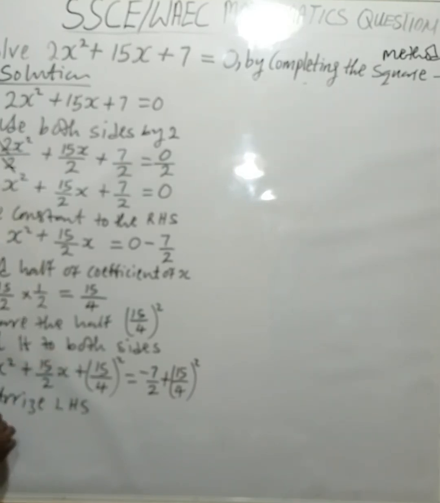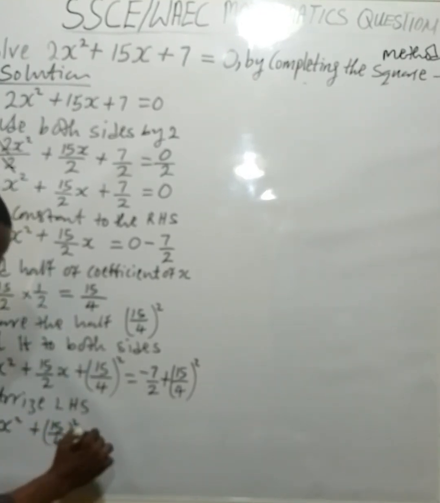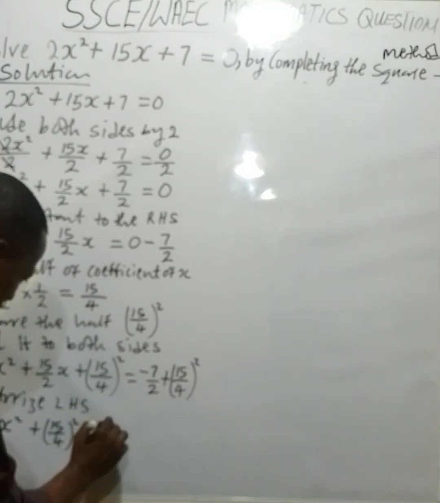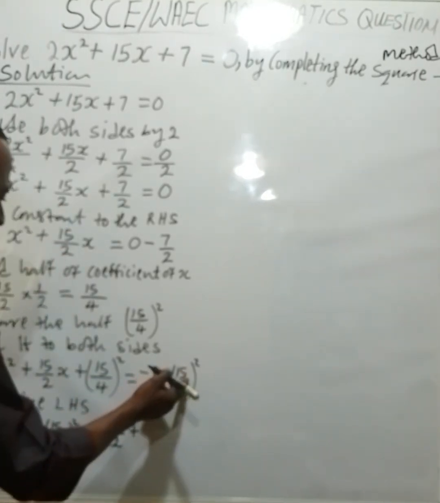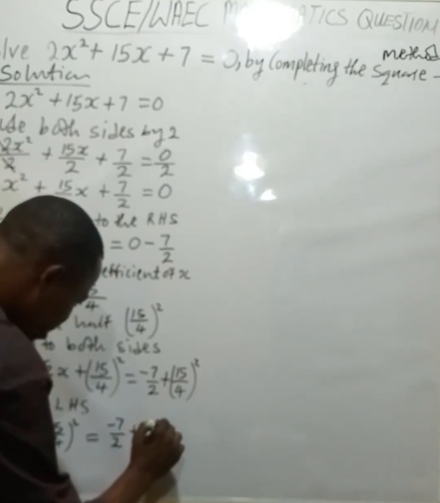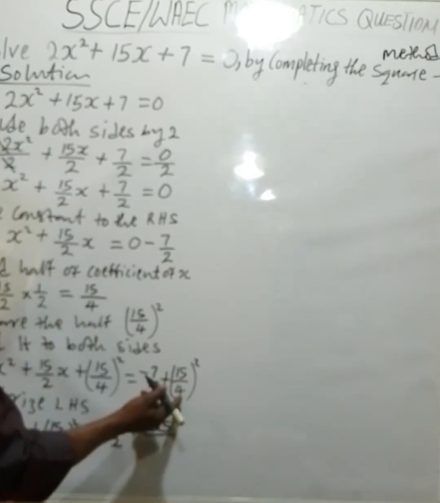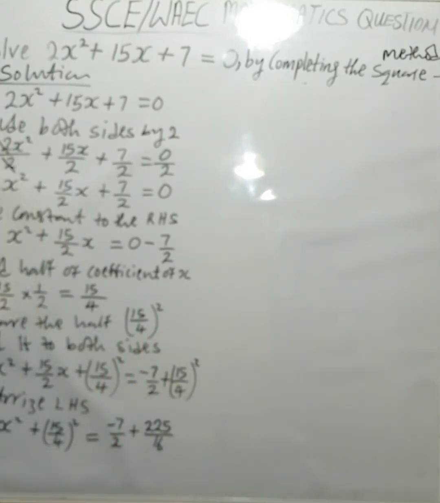It will now give us x plus 15 over 4 squared equals, now we have minus 7 over 2 plus 15 squared means 15 times 15, which is 225. Then 4 squared also means 4 times 4, which is 16.